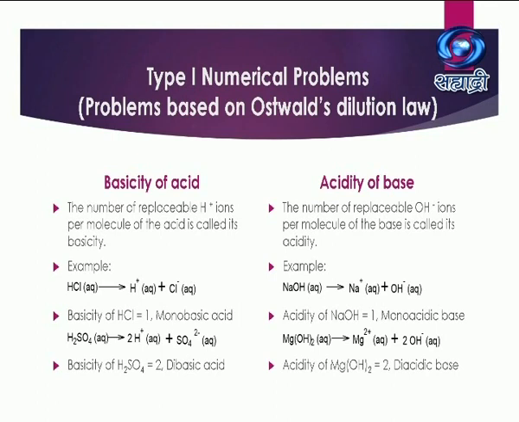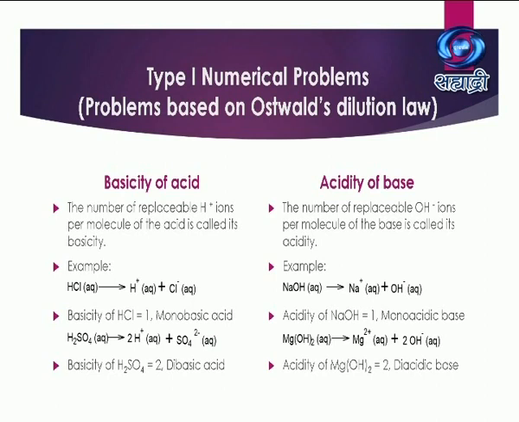Consider the example, NaOH aqueous. When NaOH is neutralized, per molecule of NaOH you can replace only one OH- ion to form the corresponding salt. And so the acidity of NaOH is 1, that is, it is a monoacidic base.